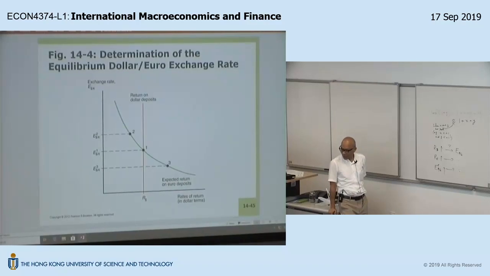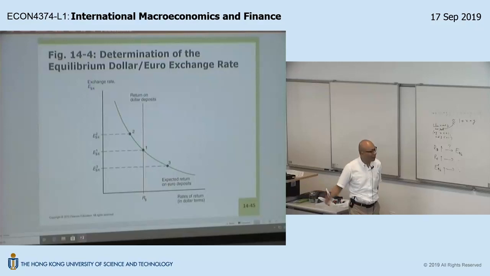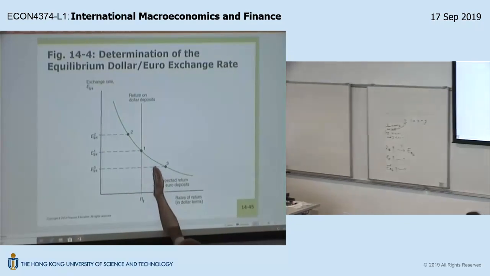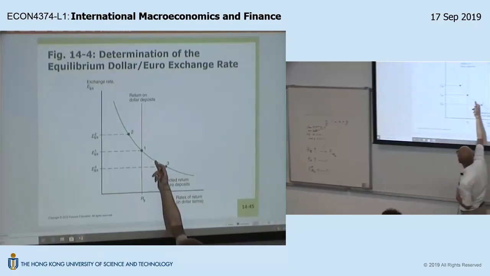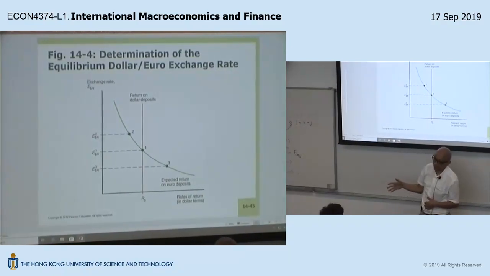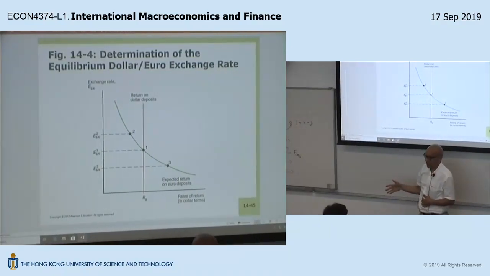That means the US dollar appreciates. So according to what he said, when this rises, this yellow curve will shift to the right, and so it will intersect this green curve at a lower E, so the US dollar will appreciate. You agree, right?